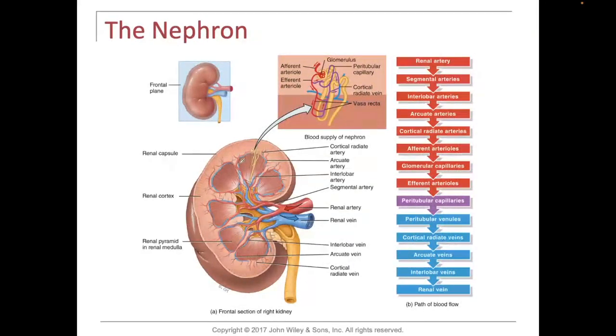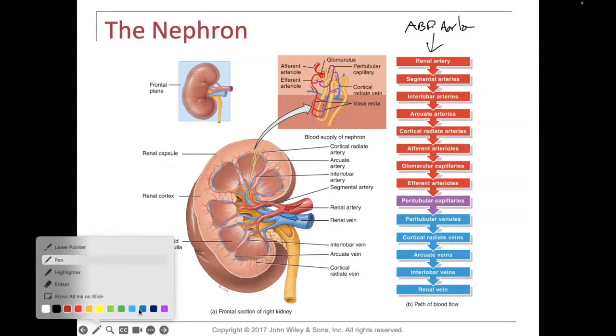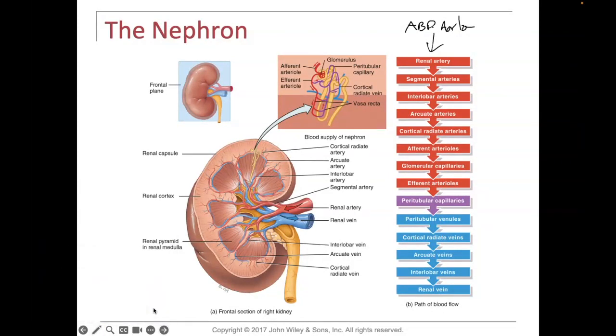So let's focus on some of these terms. We can follow it here. We can also follow it off to the right. Now, remember the abdominal aorta is what gives life to that renal artery. So right here, let me just change the color.